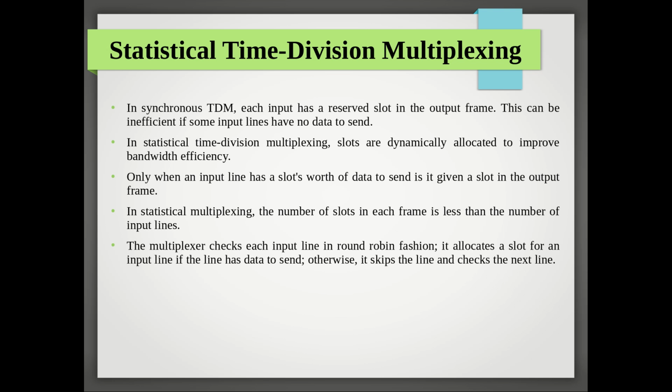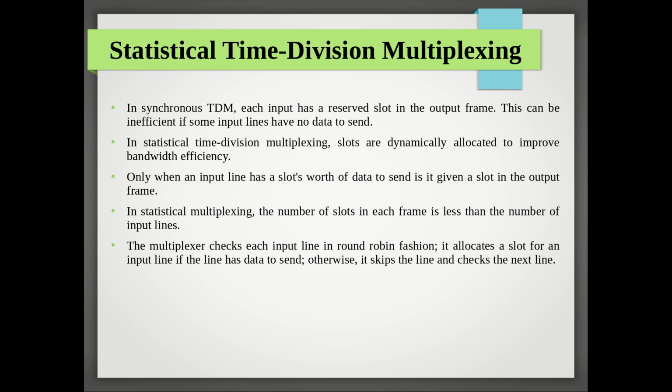The multiplexer checks each input line in a round robin fashion, just like in synchronous TDM: 1, 2, 3, like that each input line will be checked. It allocates a slot for an input line if the line has data to send. In the previous case, if the line didn't have data to send, it would simply keep that slot empty. But here it is not like that. There is no empty slot at all.